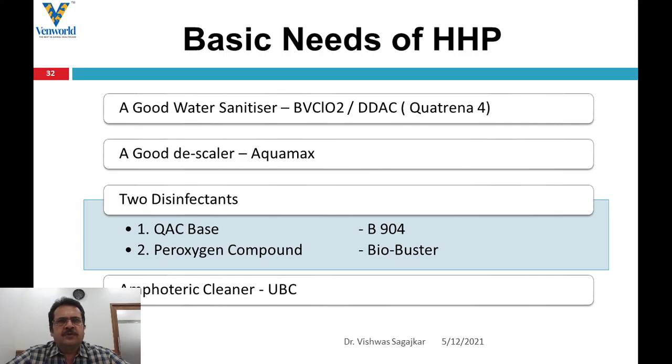So this was all about it. I wanted to talk with you on bringing down the usage of generic chemicals and putting before you a good, effective and economical alternative for any generic chemicals for the hatchery hygiene program.